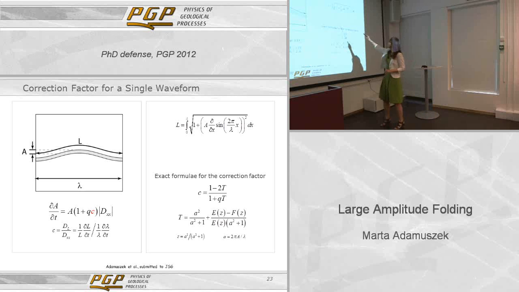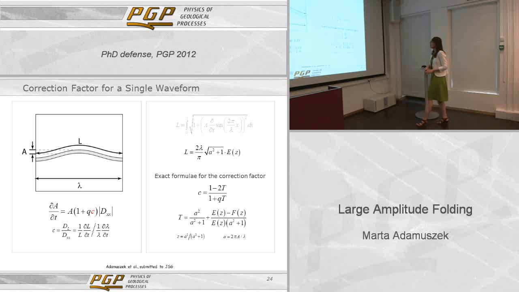The arc length of a single sinusoidal waveform is given as an integral of such a form. We found the analytical solution of such an integral, and we can present the arc length as a function of an elliptic integral. Then incorporating this formula into the formula of the correction factor, we could derive the exact formula for the correction factor.